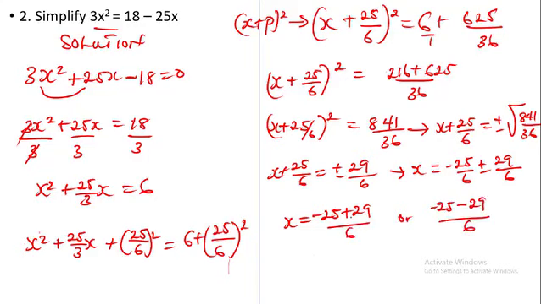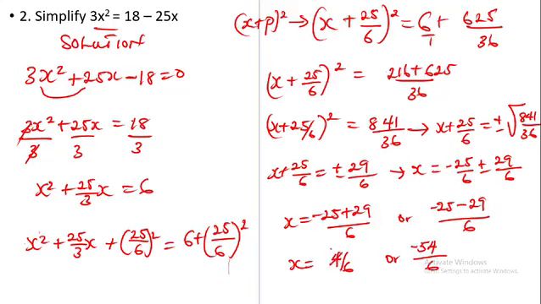Okay, for the first one, −25 + 29 will give us 4 over 6, or −25 − 29 will give us −54 over 6.